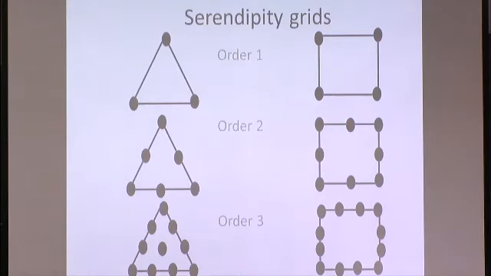This is the serendipity grid. Order 1, everybody knows, is the finite difference method, which is more popular on squares. Then if you add points on the side, you get the order 2 serendipity and the order 3. It comes from omitting points from the full grid, omitting points here in the middle.